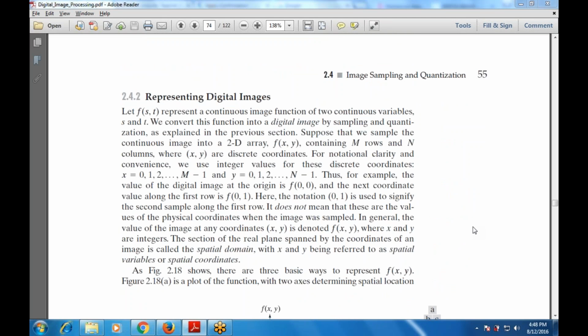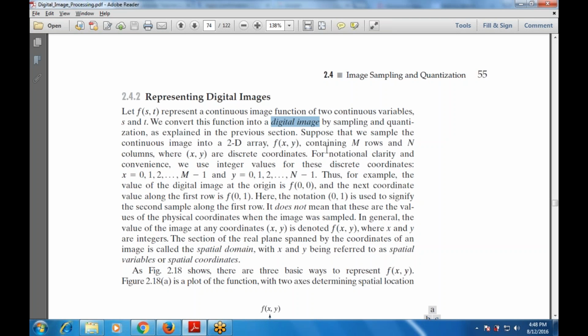Now, representing the digital image: the image function of two continuous variables, s and t, is converted into a digital image by sampling and quantization. We sample the continuous image into a 2D array that contains m rows and n columns, where x and y are the discrete coordinates.